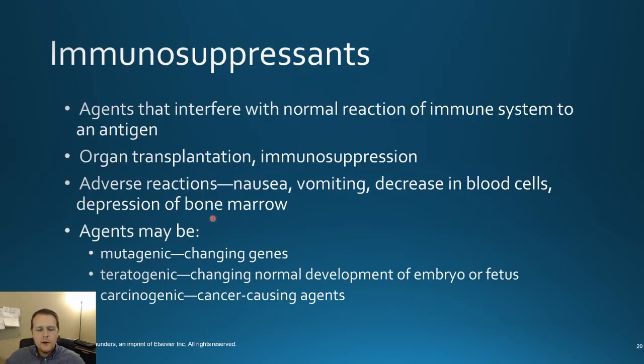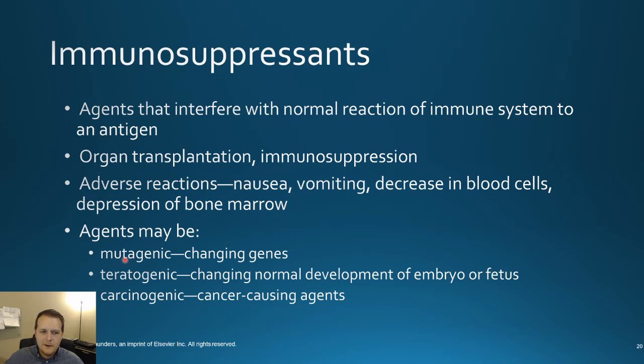And keep in mind, we can also help to suppress the immune system, and this is frequently something we'll do if you have a patient who has an organ transplant, because anytime you introduce a new organ into a patient, that can act as an antigen. So in order to prevent patients from rejecting their organs, we give them immunosuppressants. Just know that the biggest risk you're going to see with these drugs is, one, infection, and also you can see them depressing the blood cells and the bone marrow, leading to a poor immune system that may not be able to fight off infection.